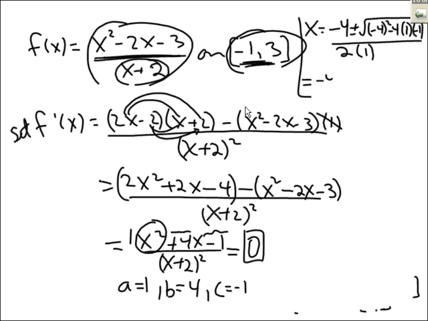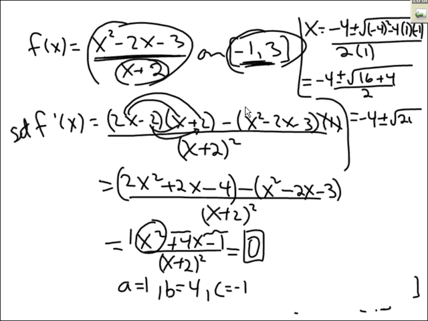So we get negative 4 plus or minus 16 plus 4 over 2, which is negative 4 plus or minus the square root of 20 over 2. And we'll think of 20 as 4 times 5.